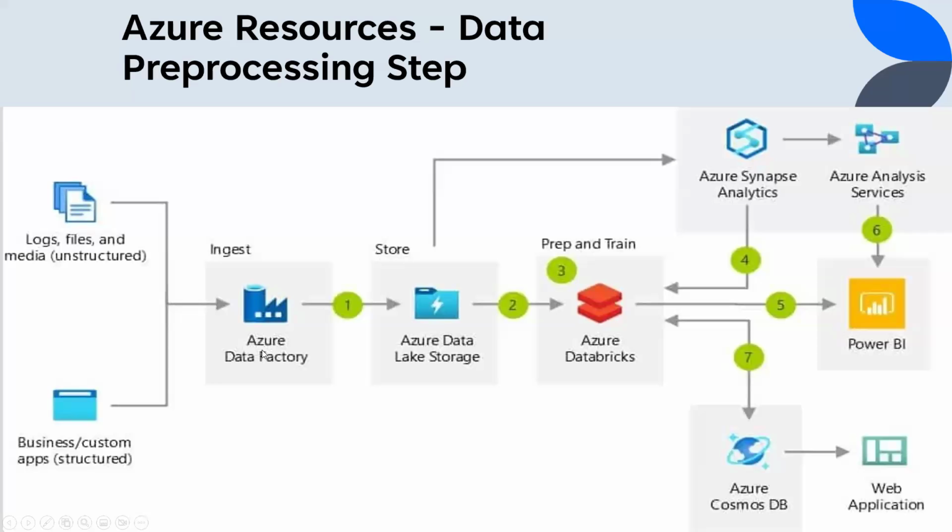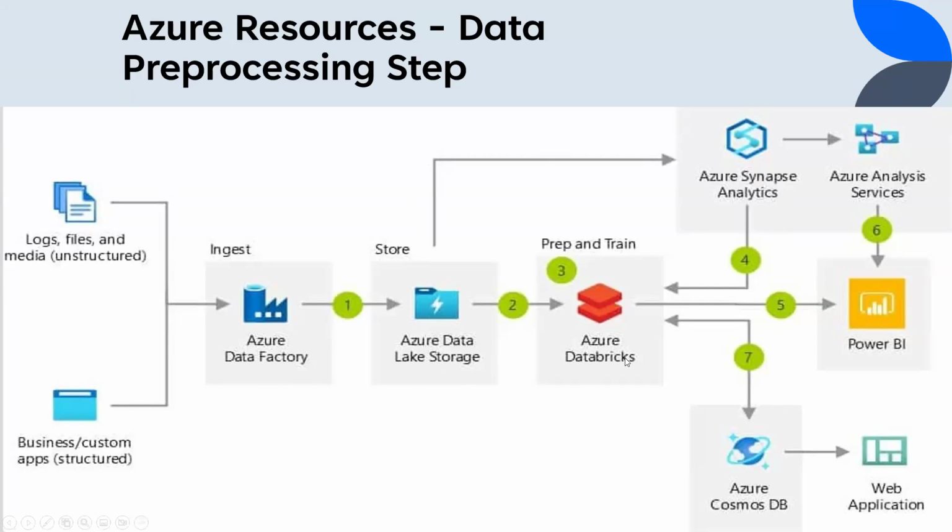So these are the steps involved in cleaning and pre-processing of data. We ingest the data into Azure Data Factory, and then from there the data flows into the data lake. So at this point, we could send this data for analytics to see the quality of the data.